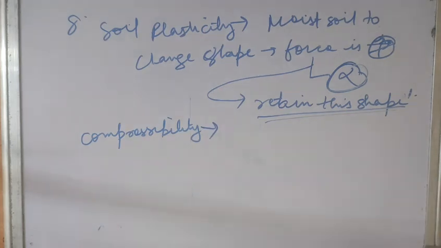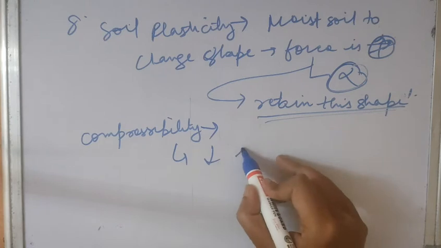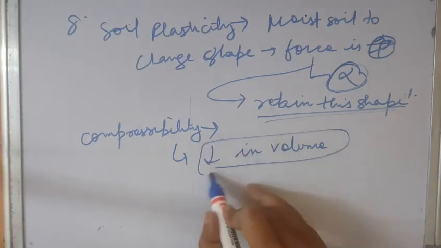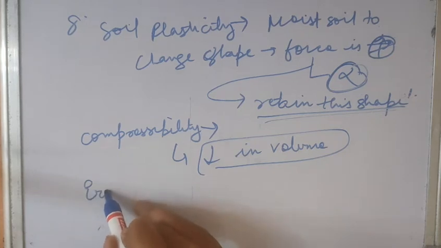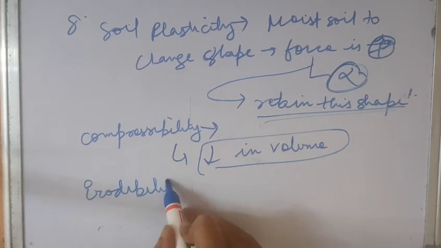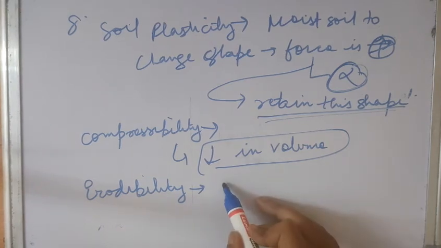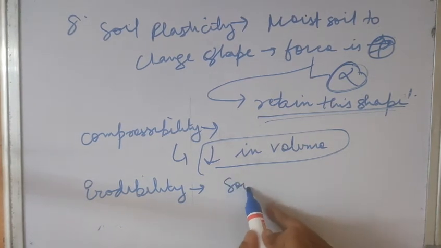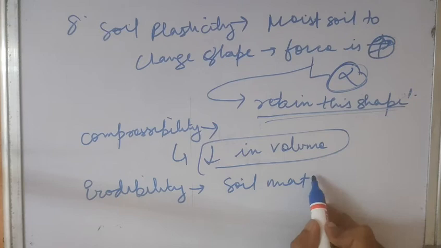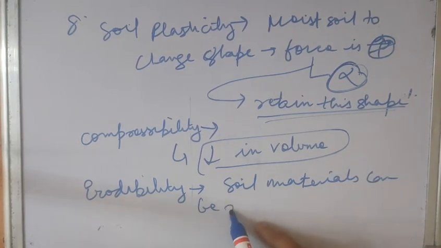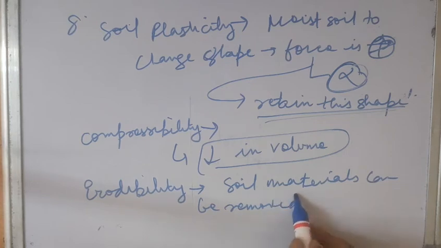Now moving on to compressibility. It is the tendency of soil to consolidate or decrease in volume. They compress themselves, so the volume decreases. Then we have got erodibility. It refers to the ease with which soil materials can be removed by wind or water.